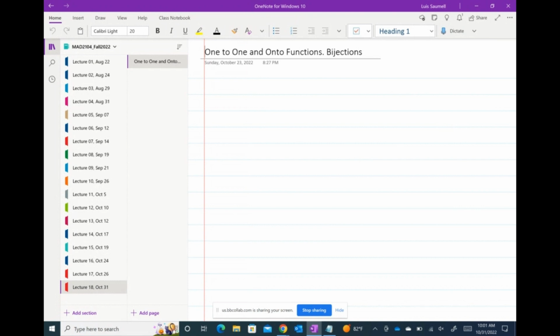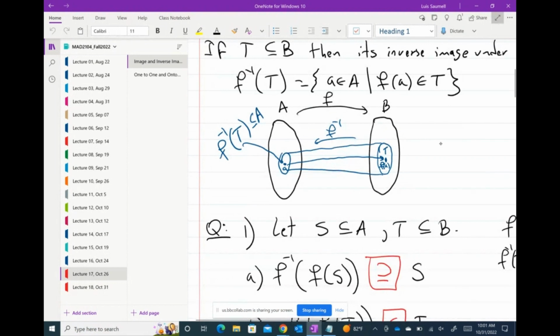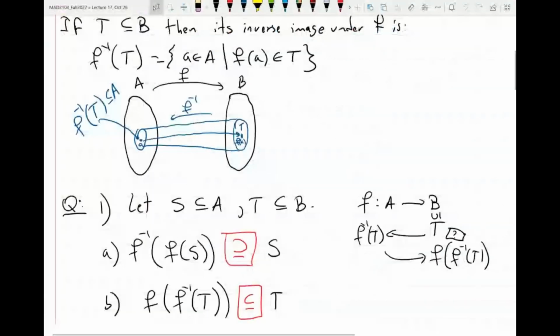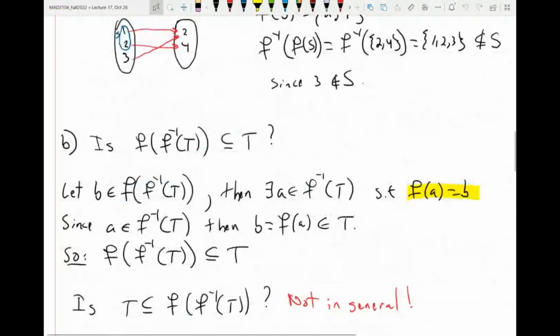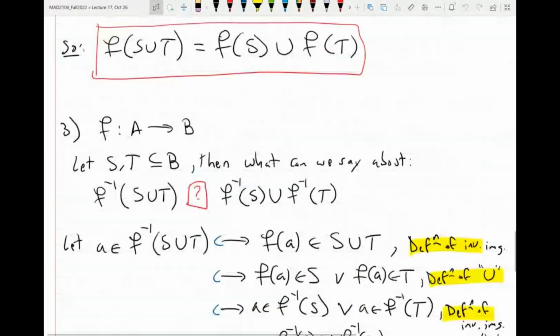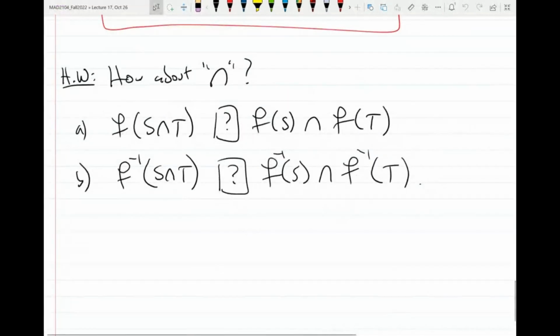It was the image, the intersections. Which one, the image or the inverse image? The image. Remember, I asked you for two of them. So the first one, the image of the intersection. Yeah, just plot that. Okay.